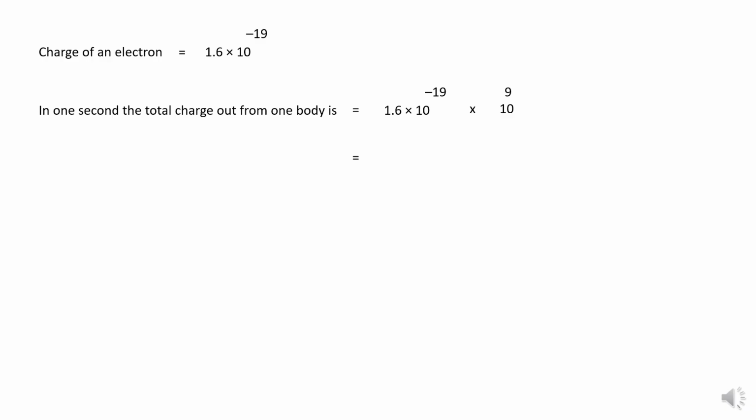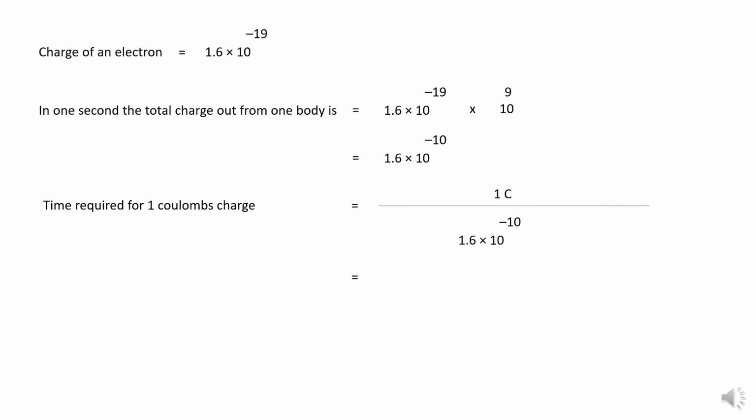Repeat again. In 1 second, 10 raised to 9 electrons are moving. An electron charge is 1.6 into 10 raised to minus 19. That means the total charge moving from one body to the second body per second is 1.6 into 10 raised to minus 10. The time required for 1 coulomb charge is 1 coulomb divided by 1.6 into 10 raised to minus 10.